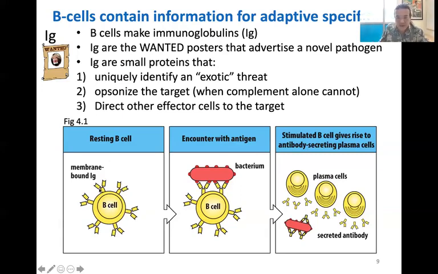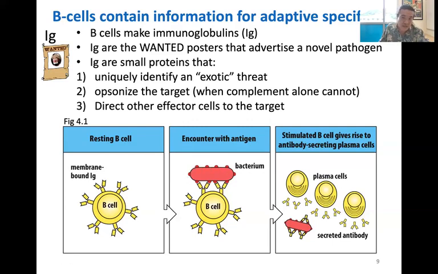So here you have a cartoon that shows a resting B cell. So its immunoglobulins are attached to its surface. And so we call these immunoglobulins B cell receptors because they're still stuck to the surface there. Here, this B cell has encountered a bacteria. And on the surface of the bacteria are different three-dimensional molecules.